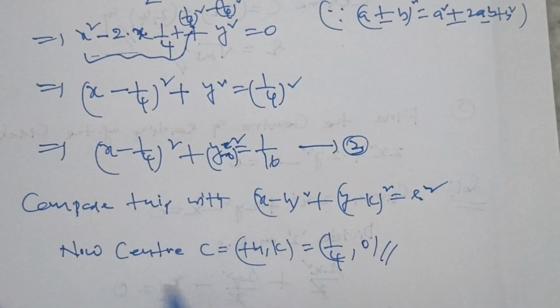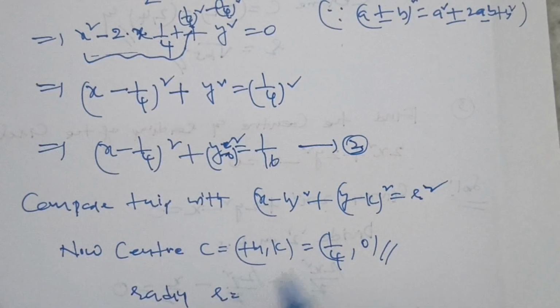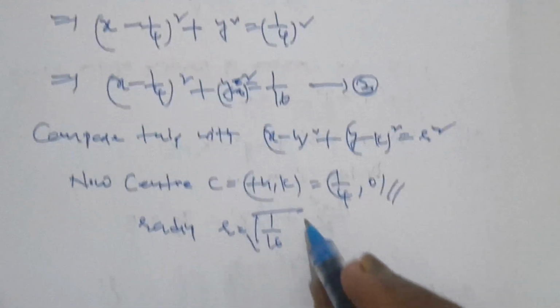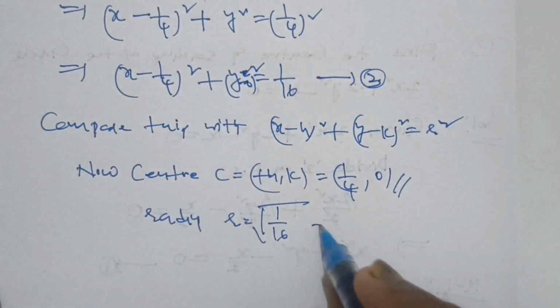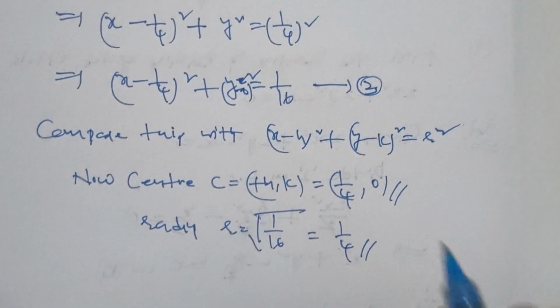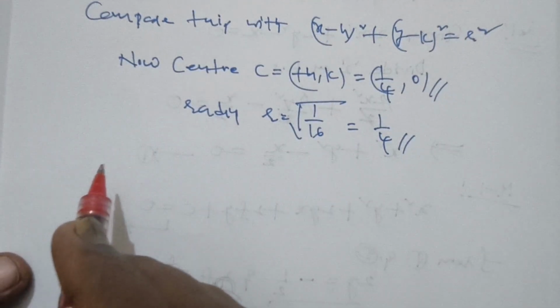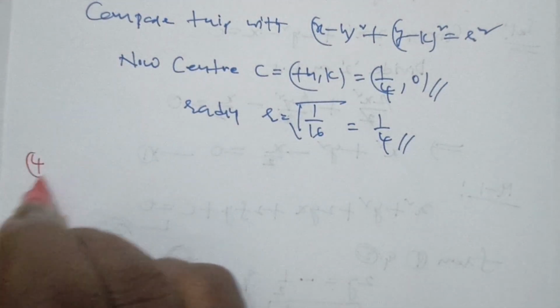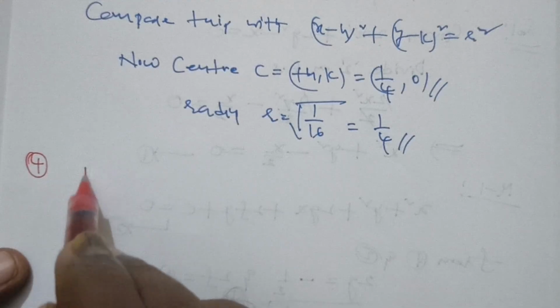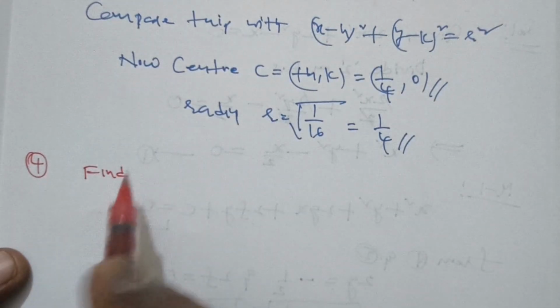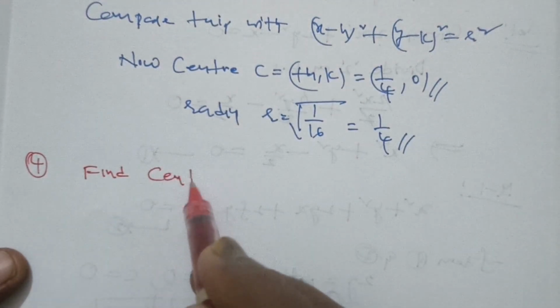So here h value is 1 by 4, k value is 0, and radius r equals to the square root of the right hand side value, that is in place of r square we have 1 by 16. Now r value is root 1 by 16, that is equal to 1 by 4. So in both methods it has the center 1 by 4 comma 0 and radius 1 by 4.